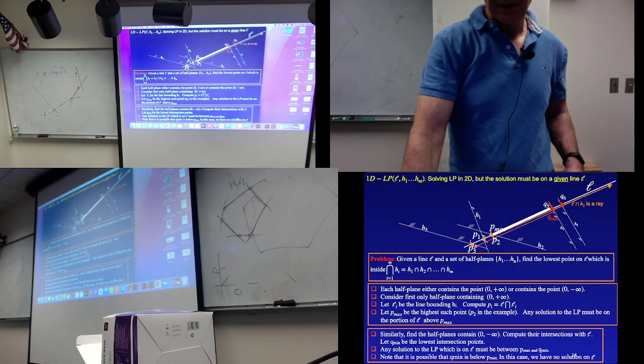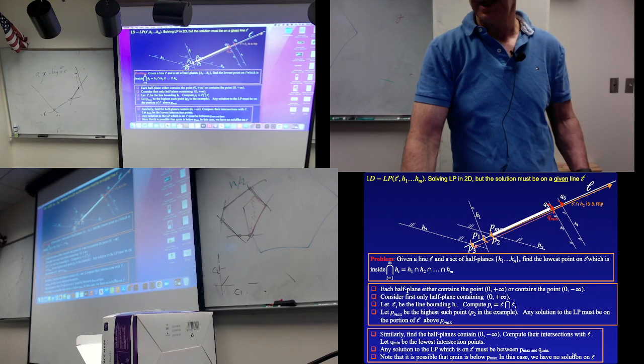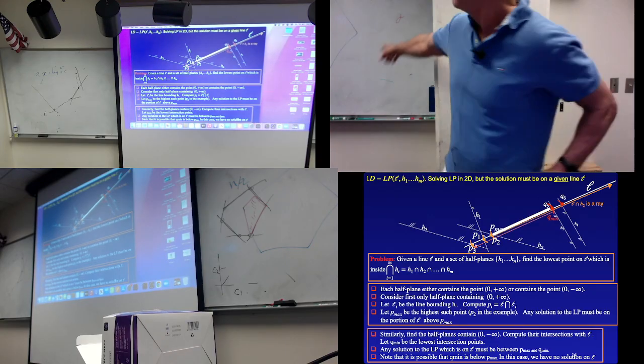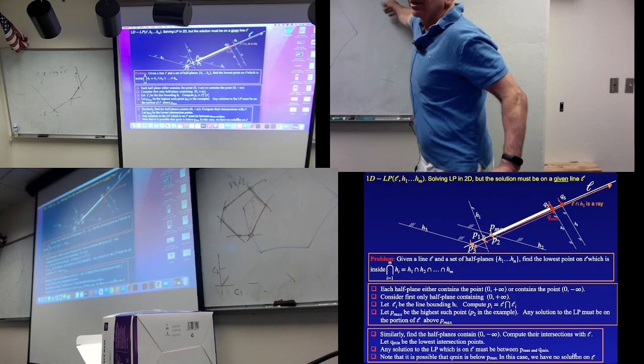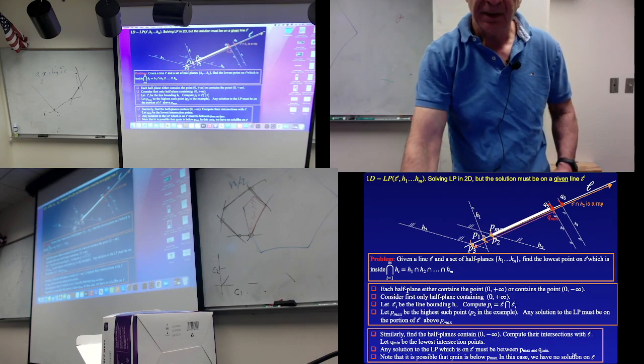Okay, that's my feasible region. And by the way, just as in the previous slide, I can also discover in the same way that the feasible region on this line is empty. The same example from here, just rotate it a bit. That is, Q min is smaller than P max.